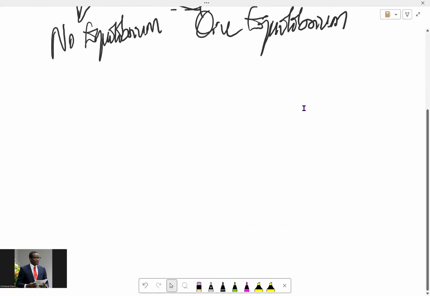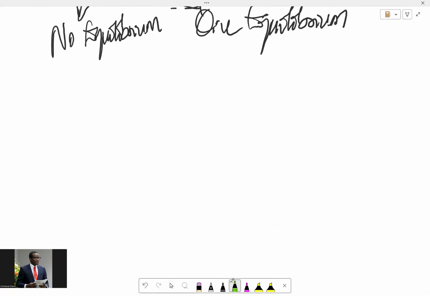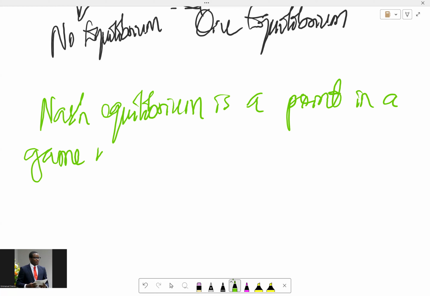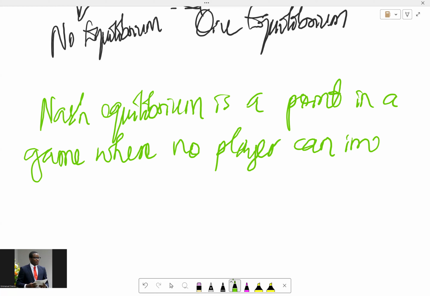By way of refreshing our minds, you remember that a Nash equilibrium is a point in a game where no player can improve their outcome. So it's like optimal payoff, optimal outcome.